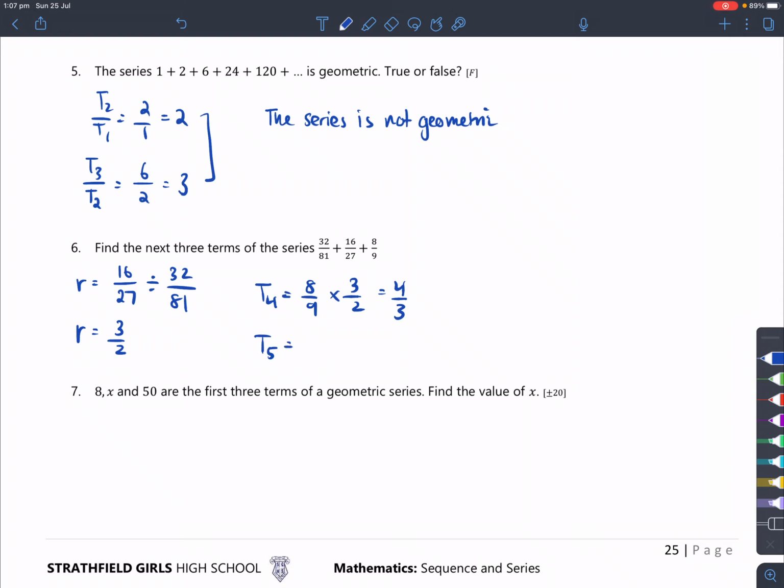The 5th term will be that 4th term, which is 4 over 3, and again, we'll multiply this by 3 over 2. And that's 2. And then term 6 would also be that same term from before, so term 5 times the ratio, which is 3 over 2. And that would be 3. Okay, so the next 3 terms would be 4 over 3, 2, and then 3.